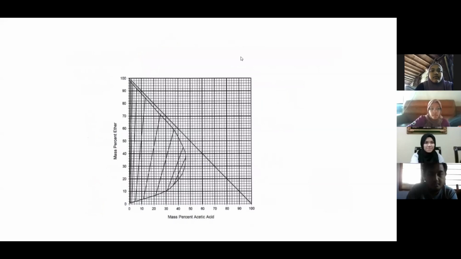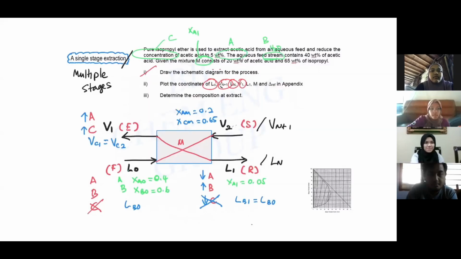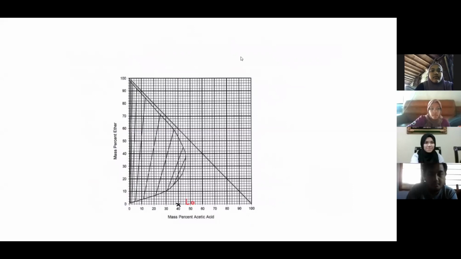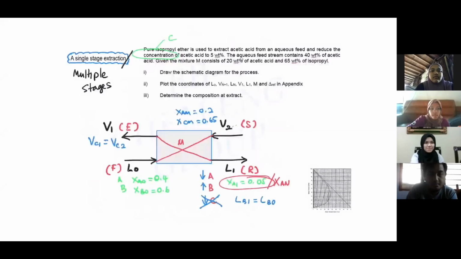So you're given your L0 here, and then Ln. Even though you know this one is your Ln, its symbol is XAN, which is 0.05. So this is XAN, 0.05. From the information, you only have XAN.